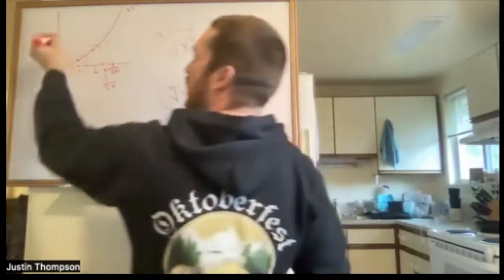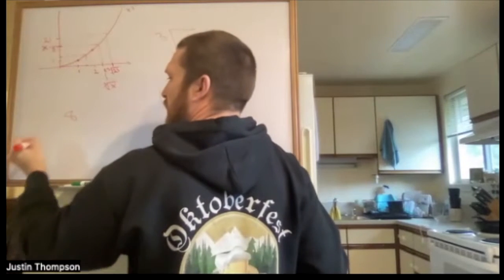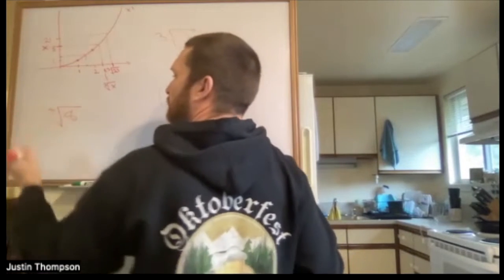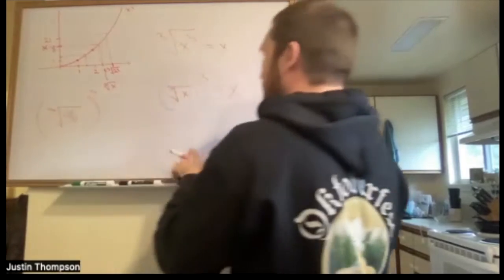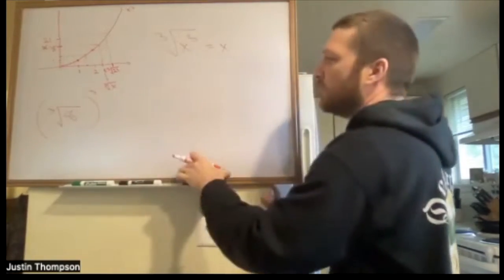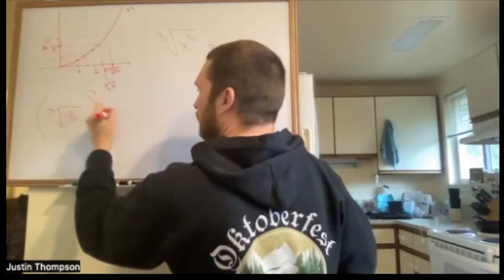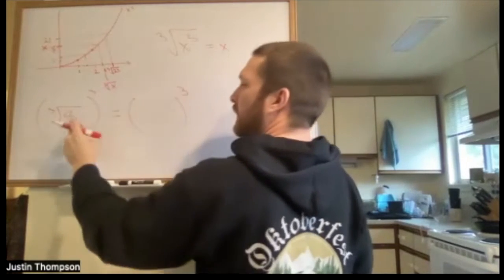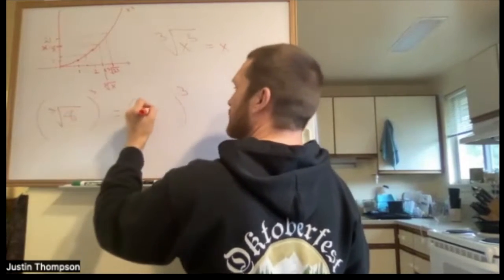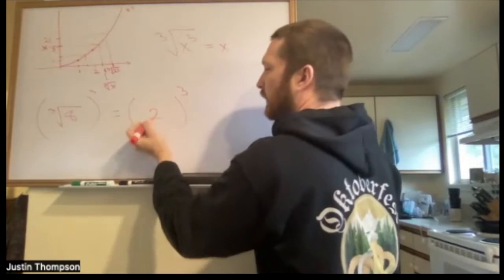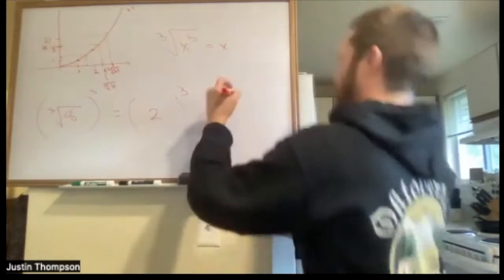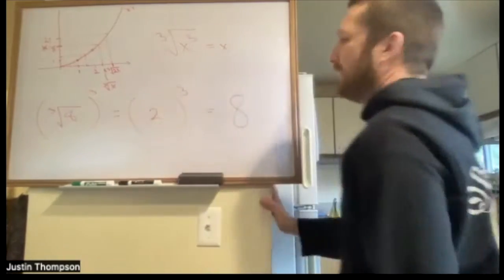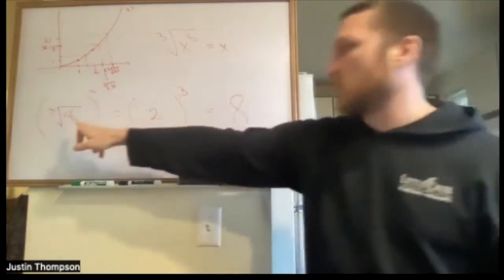If we start with some number, let's say 8, and we take its cube root, and then we cube it. Well, let's actually take that cube root first. You already told me that the cube root of 8 is 2. Okay, nice. Okay, what's 2 cubed? 8. It's exactly where we started, right?